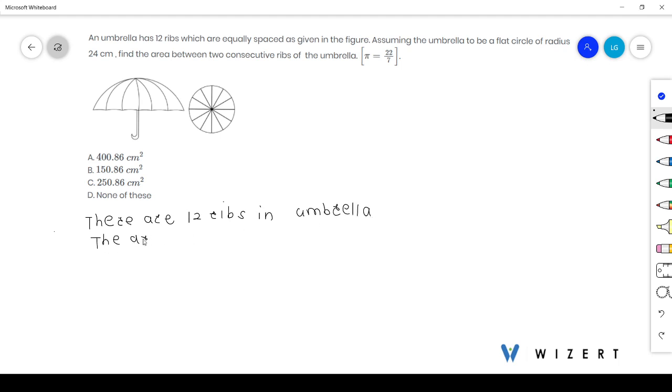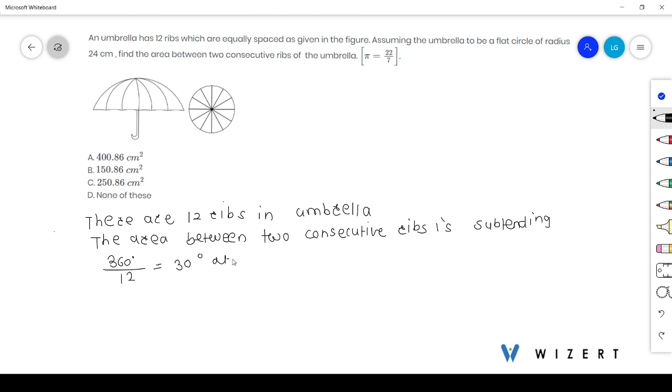The area between two consecutive ribs is subtending 360 degrees divided by 12, that is 30 degrees at the center of the assumed flat circle.